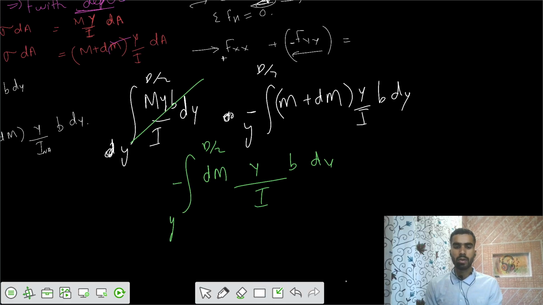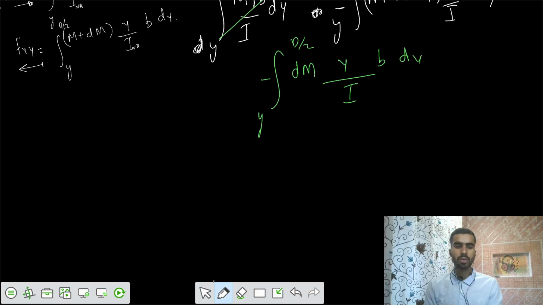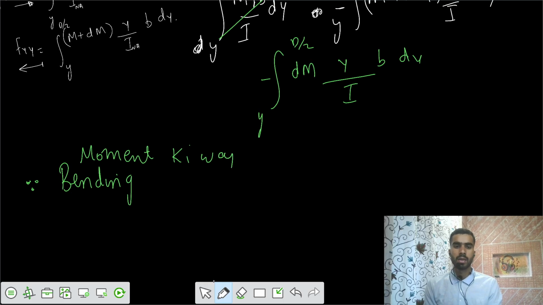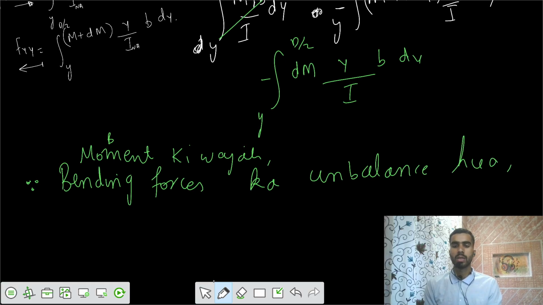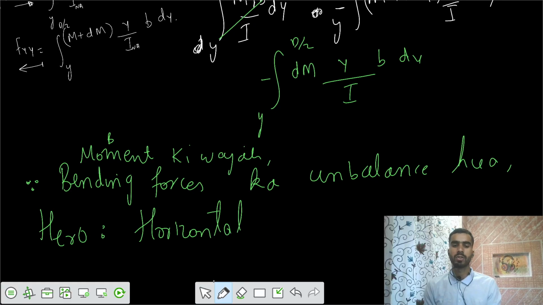So I would write that statement: due to the bending moment, the bending forces became unbalanced. So to balance this unbalanced force there would be some force. That is called the horizontal shear force.